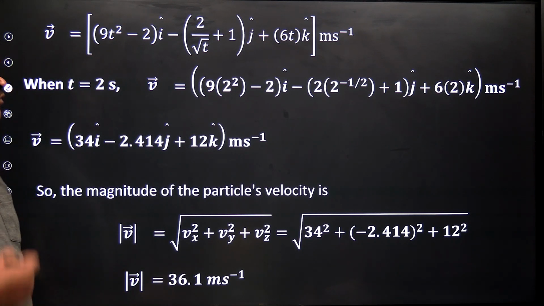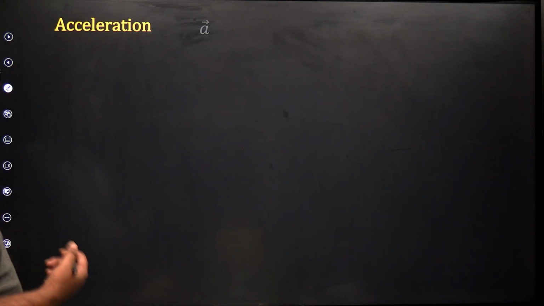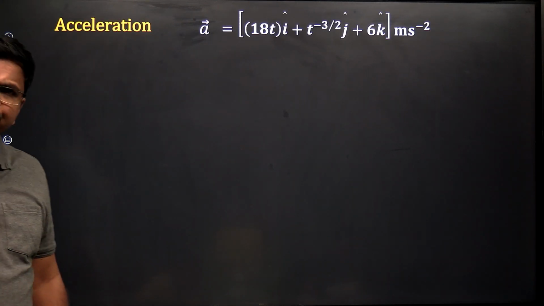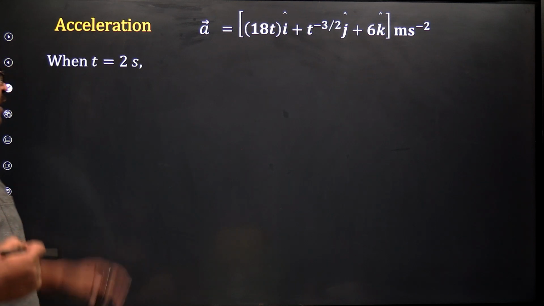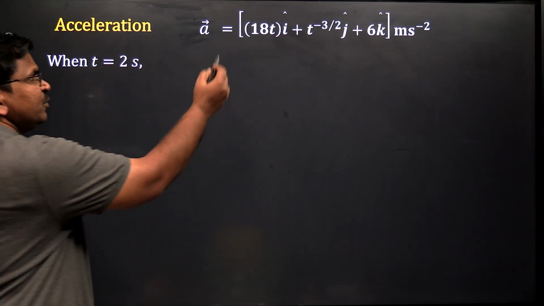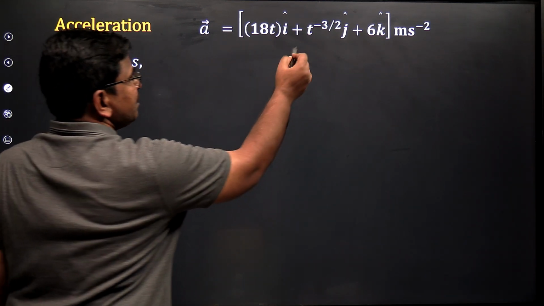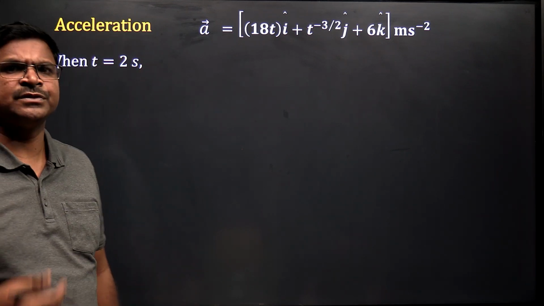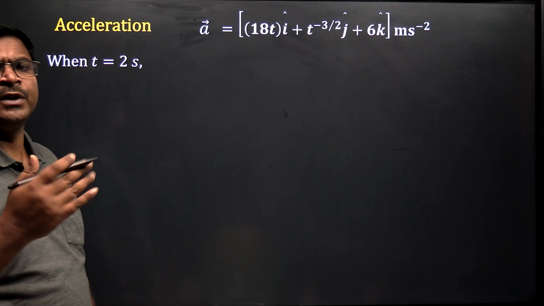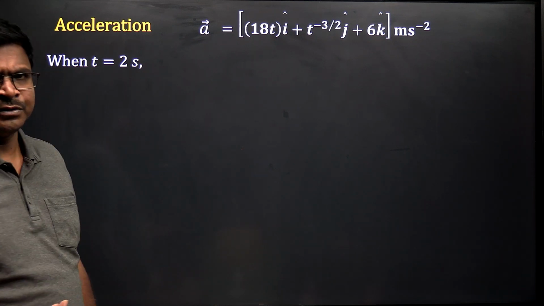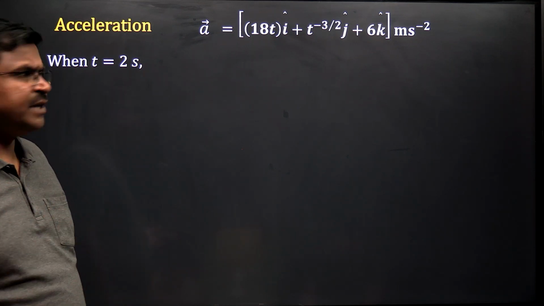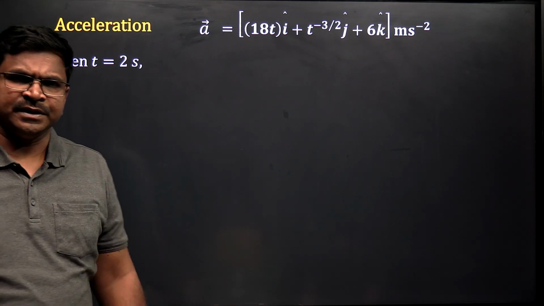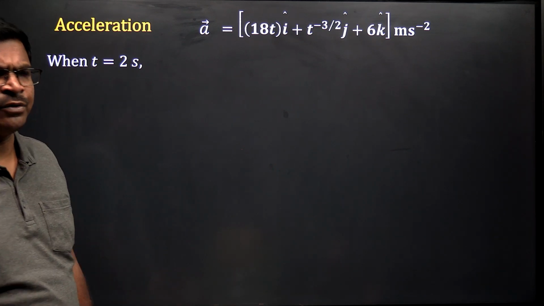Similarly for acceleration, the acceleration function of time is there, and we simply substitute t equal to 2 seconds. 18 into 2 is 36, and t power minus 3 by 2 is 1 by (2 root 2), which is 1 by 8 in magnitude squared terms, and 6 square is 36. 1 by 8 is nothing but 0.125.